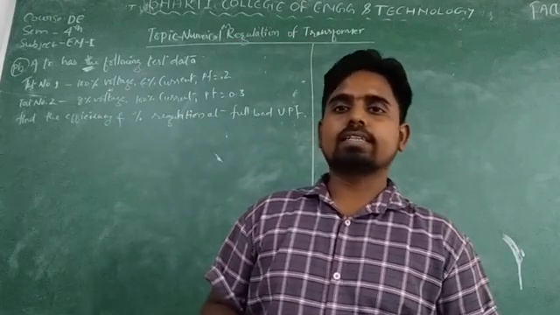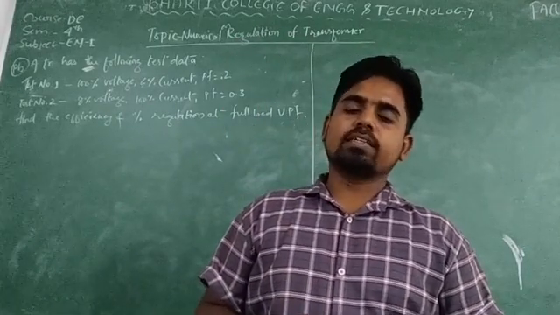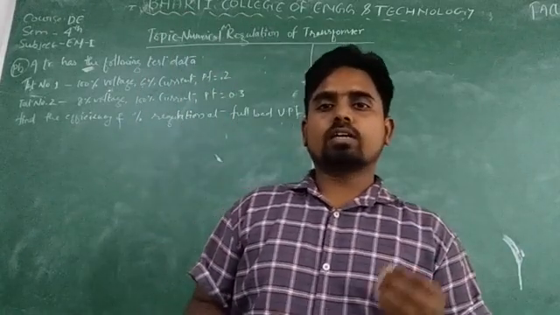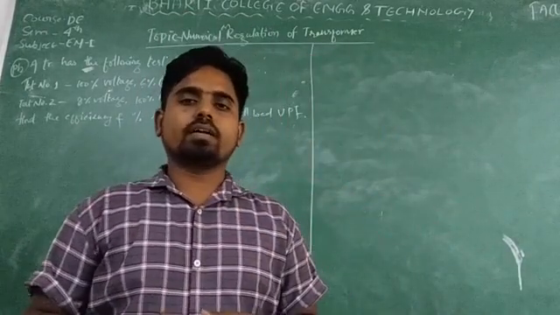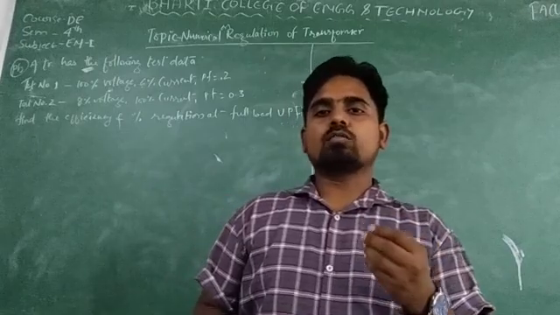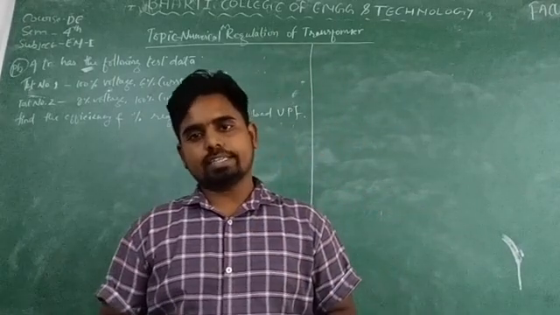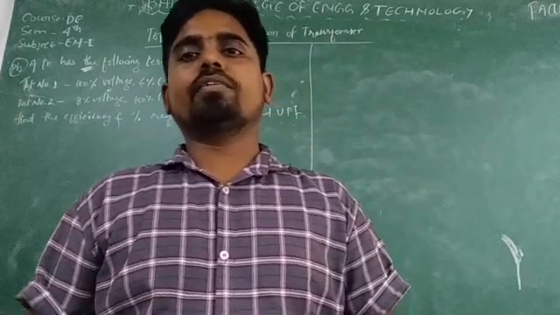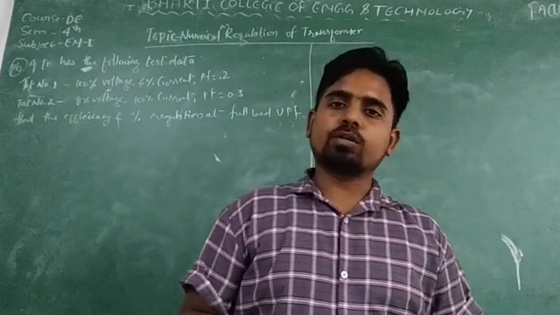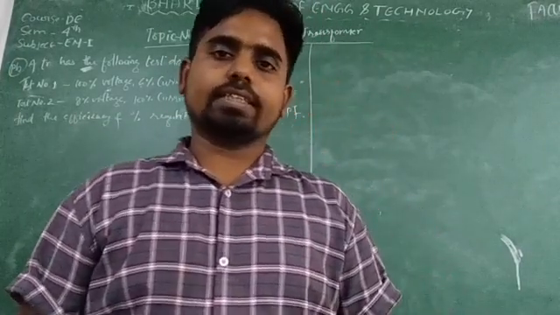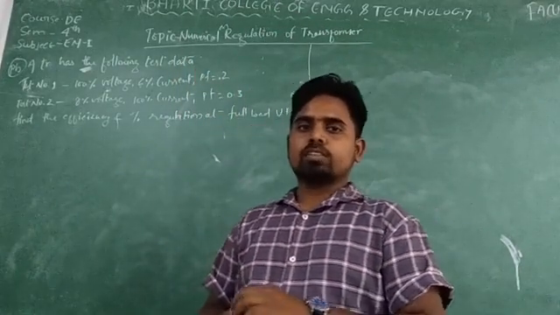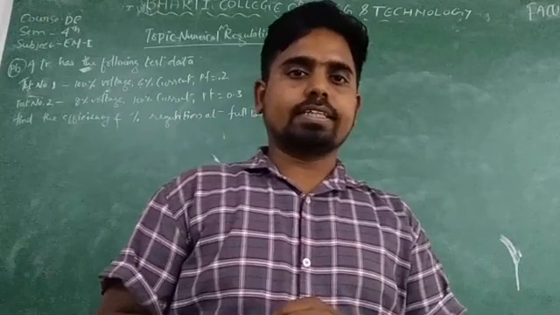To conduct the open circuit test we apply 100% of voltage, and to conduct the short circuit test we apply around 8% of the rated voltage. In that case we will get 100% of current flowing through the windings of the secondary, which is being shorted. So we have the following data.